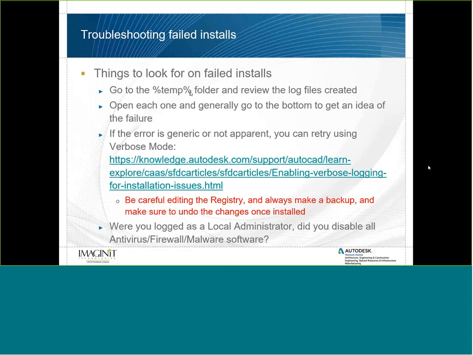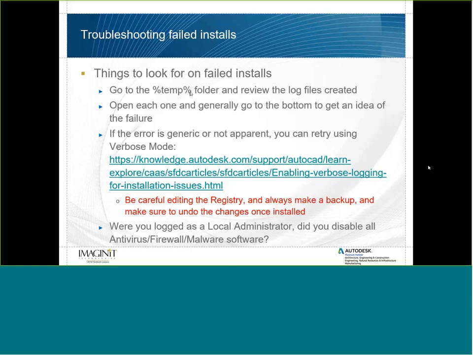That will take you directly to the temporary folder, and there will be a large number of log files in there. Usually what I recommend is that you go to the latest or newest one in there, which is usually the component that failed. You go to the bottom of that particular log file, and that's going to tell you what caused the error or where the error occurred.